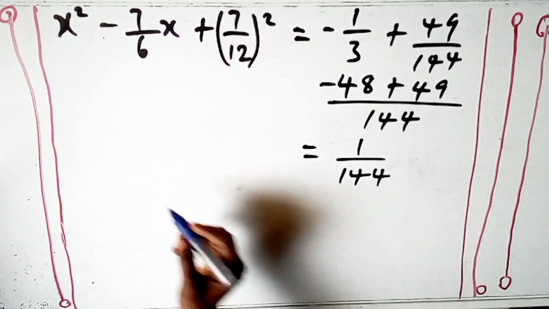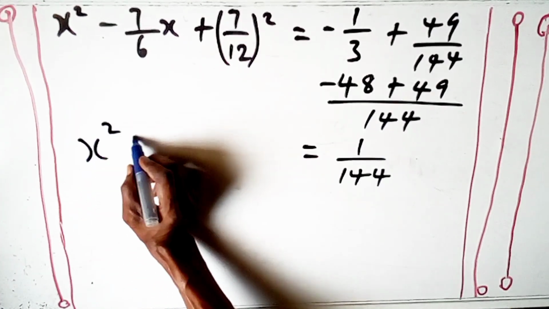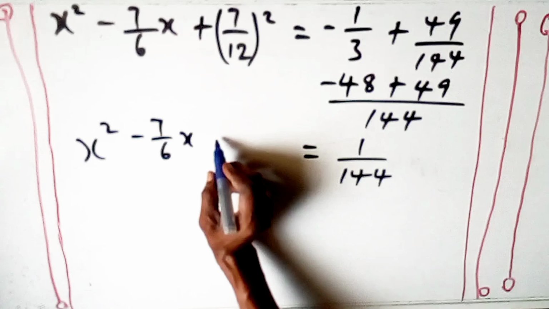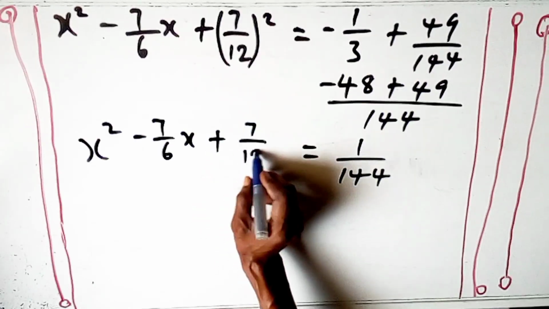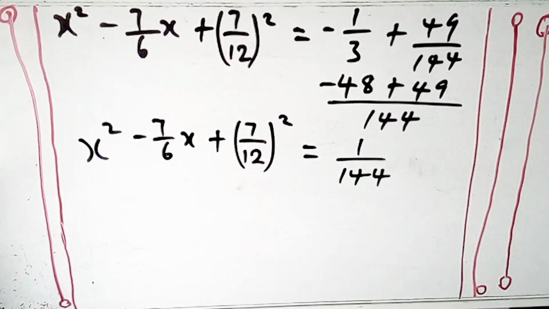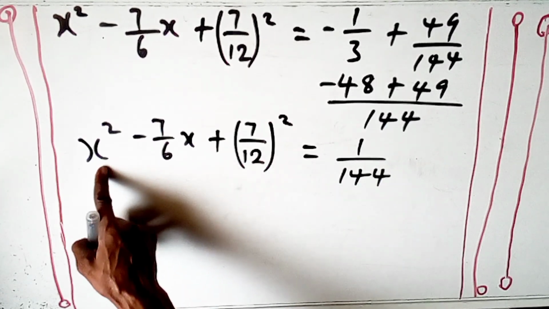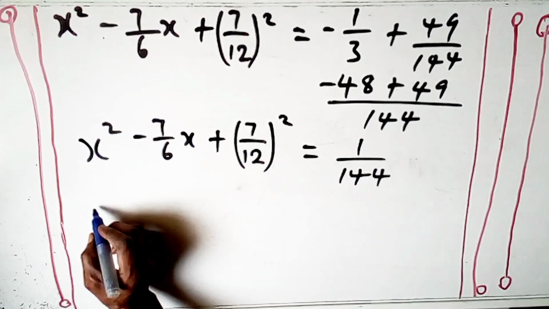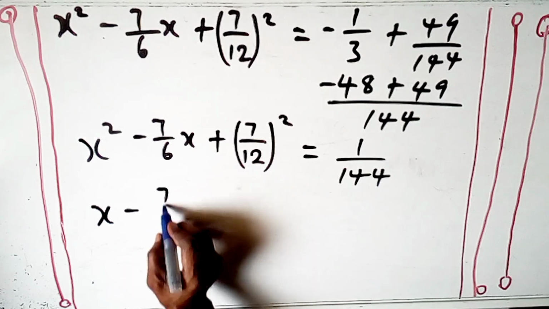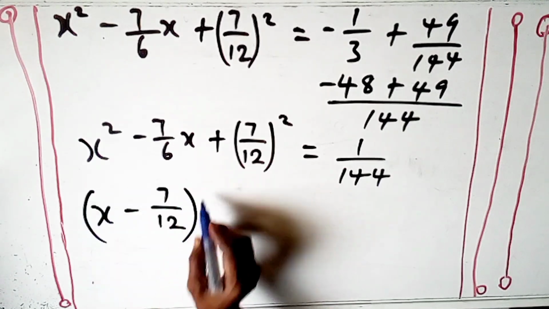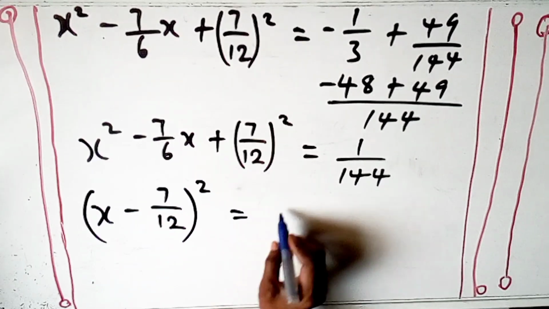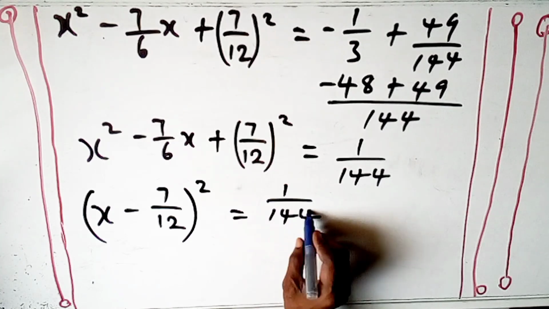So we now have to factorize the left-hand side. Do the same thing like I told you earlier on. Just take 1 of x, put the sign you have there, minus, then take 1 of 7 over 12, squared, and equals to 1 over 144.